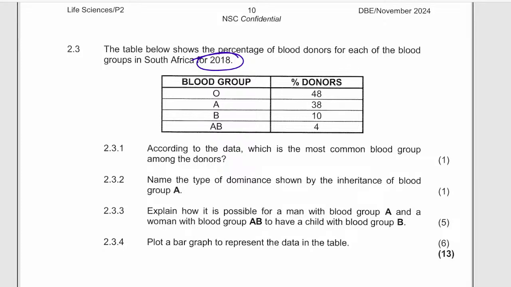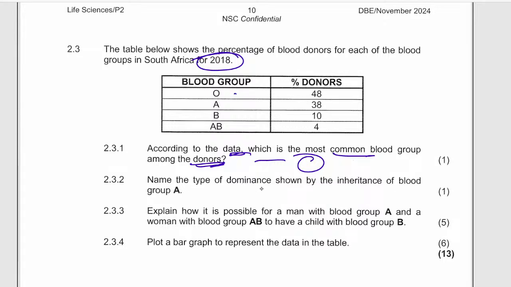If you come here, you'll find out that this is blood group A, blood group O. Remember, even before you look at it, we say that the blood group regarded as the universal donor, meaning that it donates more, is blood group O. Even according to the data, the most common blood group that donated a lot is blood group O. So the answer is blood group O.